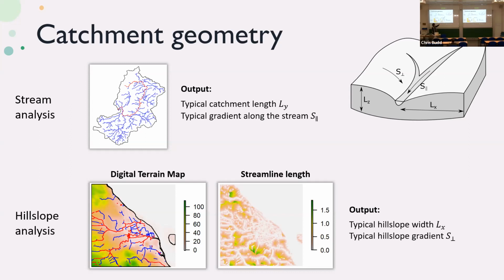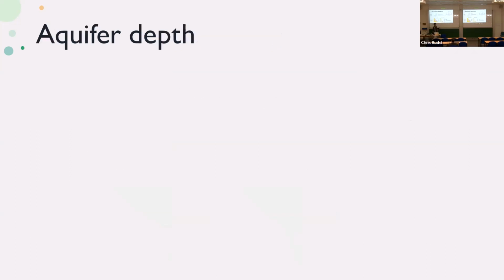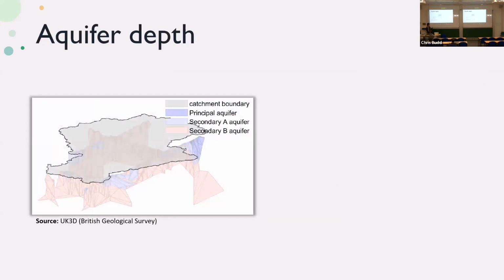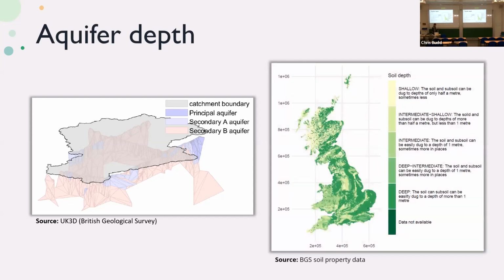We also need to know the depth of our aquifer. This can be extracted from the data that are shared by the British Geological Survey in the data set called UK 3D, which includes three-dimensional profiles of the aquifer, obtained by interpolation of the data measured using boreholes, which were dug all over the UK. However, in some places, there is no productive aquifer.